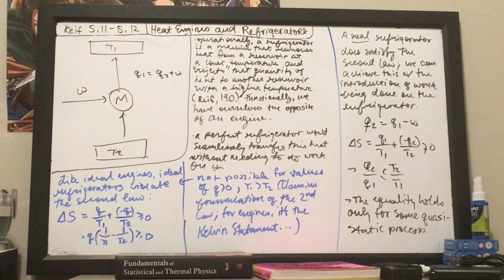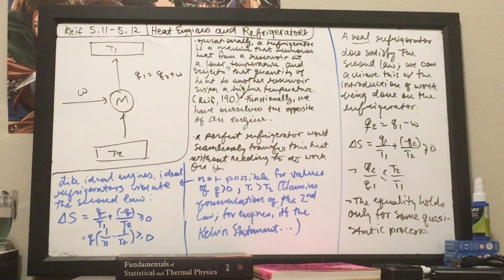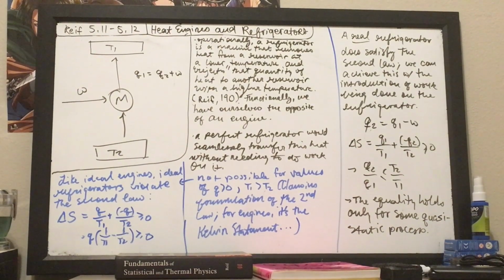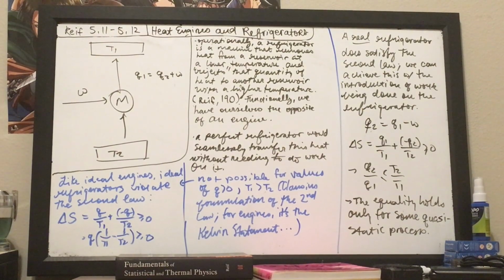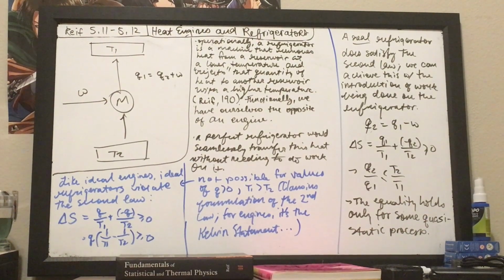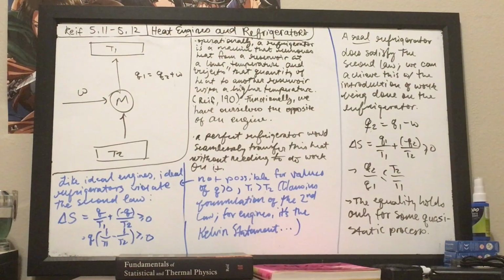Similarly, the efficiency of refrigerators is also going to be less than 1. It's never going to be equal to 1 unless you're an idealized refrigerator. You're always going to have some amount of work being subtracted from the heat from the first reservoir, T1.